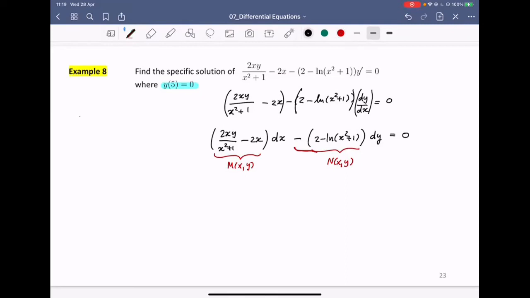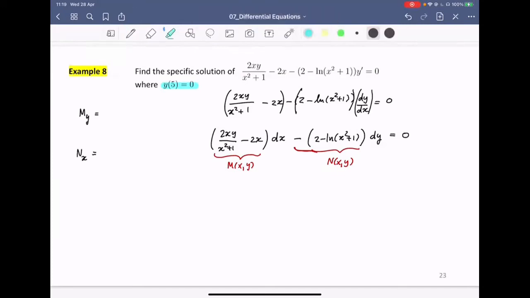We're going to differentiate m with respect to y, and differentiate n with respect to x. If they are equal to each other, yes, this is exact, and then you can just solve for it. My m is that function, right? We're going to differentiate with respect to y.